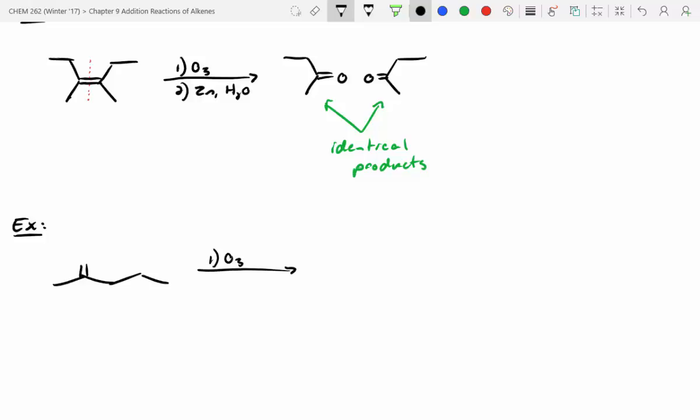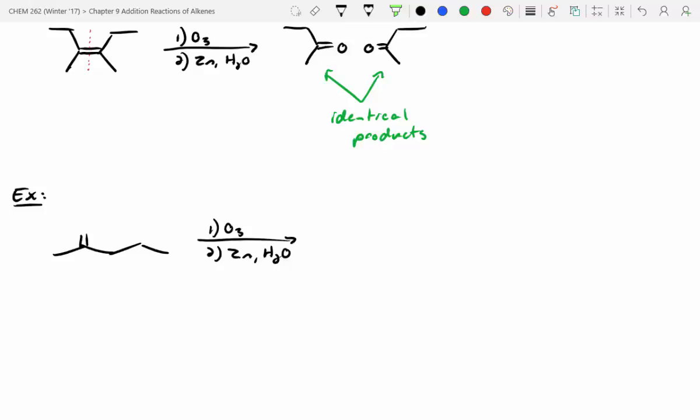All right, let's do ozonolysis with this one. I'm going to kind of extend this double bond, make it bigger. There we go.